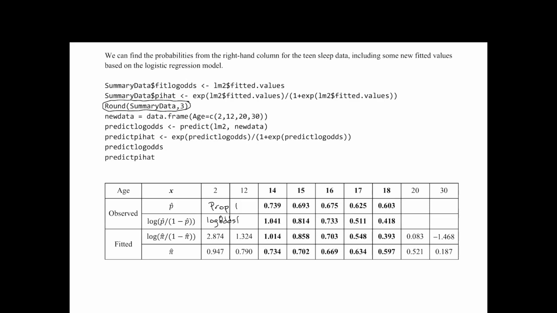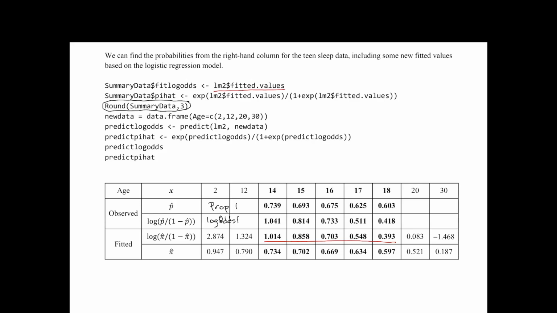Okay, and then the fitted values, so let me use a different color here. These LM2, the fitted values from the model are log odds, fitted log odds, and that's what these are. Okay, so the model basically said, based on those ages and according to what the model says, I'm going to fit those log odds values.